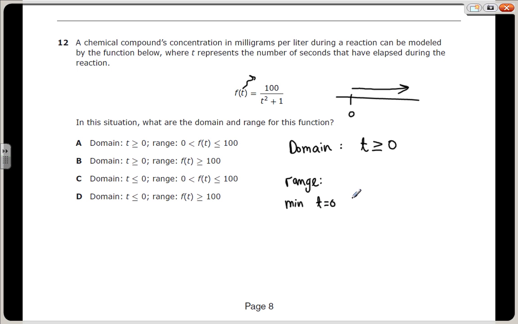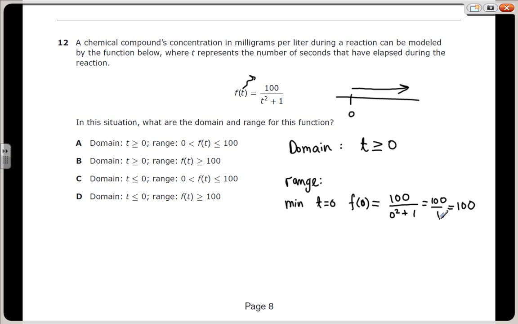So I'm going to plug in f of 0 into my function. So f of 0 is going to be 100 divided by 0 squared plus 1. Alright? So when I plug that in, this is the minimum domain. I'm going to end up with 100 over 1, which is 100.